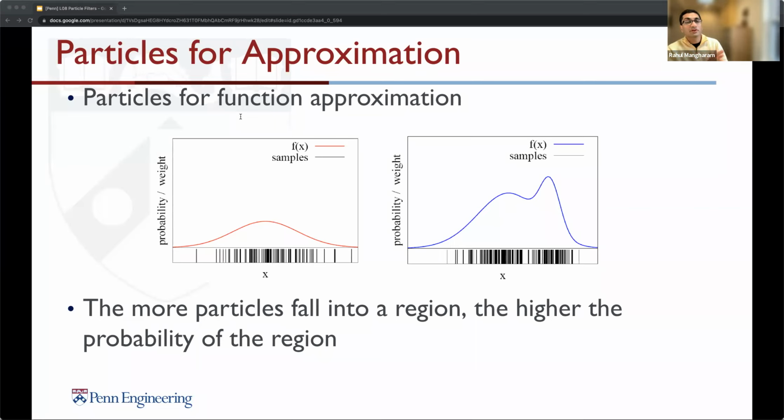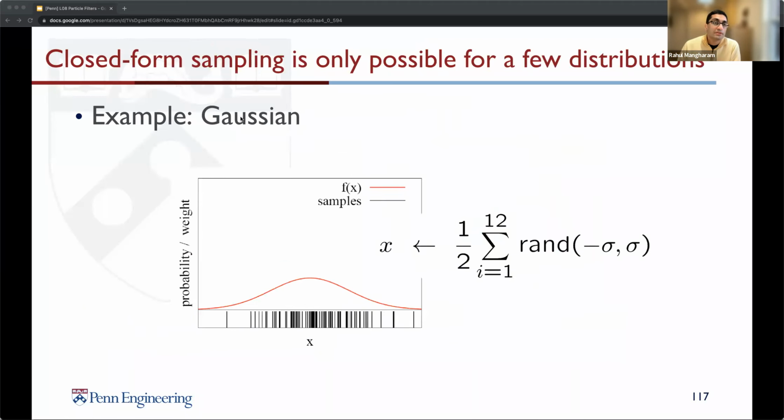And the question is, how do we obtain these samples, and how can we actually generate them? That can be a little tricky. If my state estimation is a Gaussian distribution, I can use this closed-form solution: take 12 random numbers between minus and plus the standard deviation of the Gaussian distribution, sum all of them up and divide by 2.